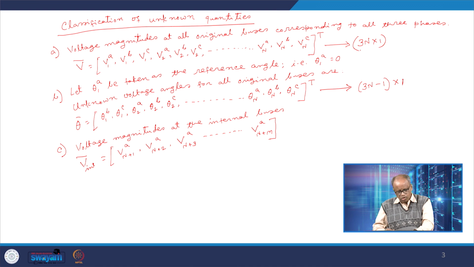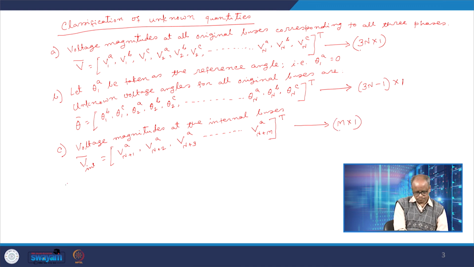So for all internal buses n plus 1, n plus 2, n plus 3 up to n plus m, the voltage magnitudes are unknown. So this is transpose T. So this has got total m cross 1.